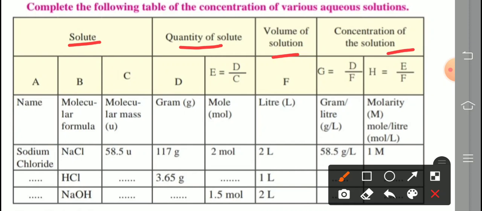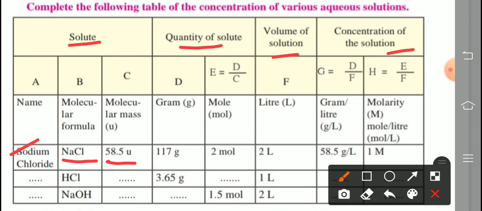Now the first example given here is sodium chloride. So the name of the solute is sodium chloride. What is the molecular formula? All of you know that, NaCl. What is the molecular mass of this NaCl? Last time we calculated this, that is 58.5 U, which means Dalton. Clear? Molecular mass is measured in Dalton.